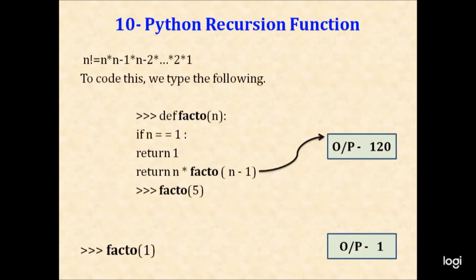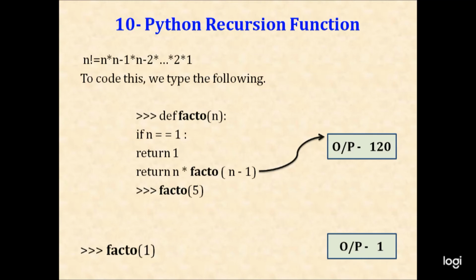Next and last function is the recursion function. The meaning of recursion is repeatedly doing a task till the condition is true. You know the program of factorial very well. You have already created that factorial program in the previous class by using a for loop.